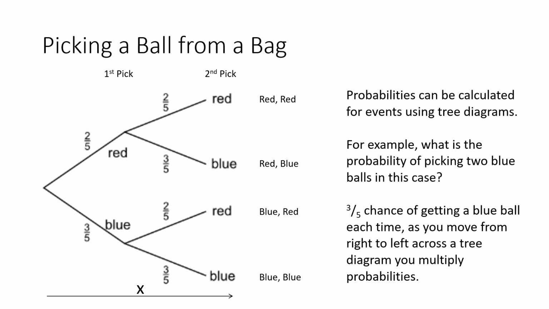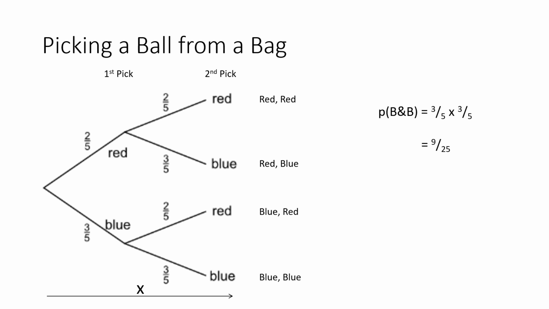Now, interesting, as you move across a tree diagram, and you can see with the little arrow I've drawn on, we multiply probabilities. So as you move across, you're going to multiply probabilities. So the probability of getting blue and then a blue will be 3 fifths for the first blue, multiplied by 3 fifths for the second blue. So in total, the probability of getting a blue and a blue is 9 out of 25. And again, that doesn't cancel down.